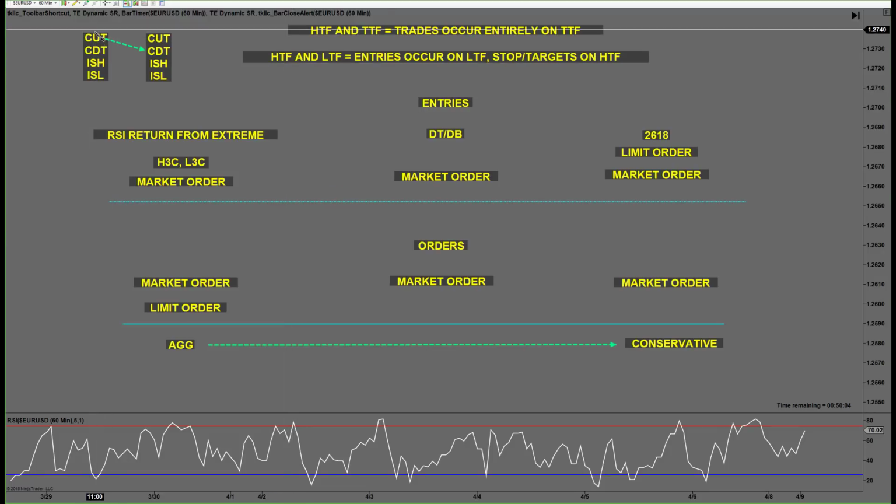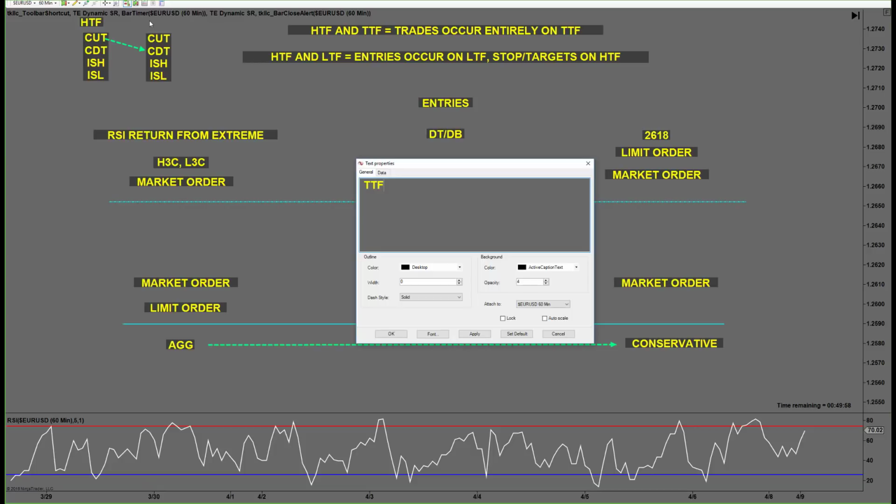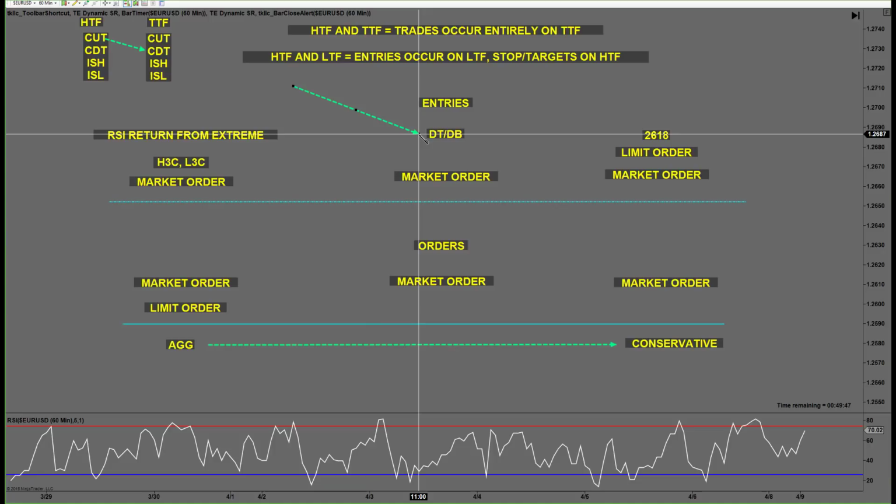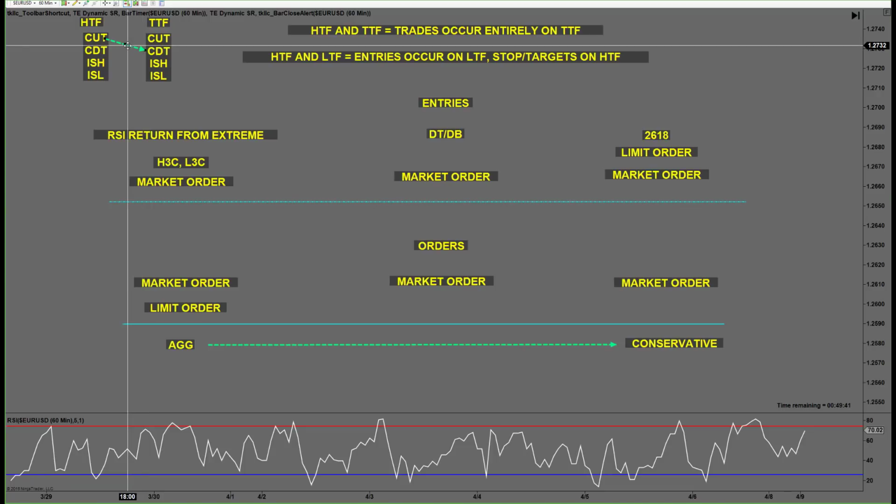I'm a trend continuation trader, so I'm going to go with the higher time frame chart first and foremost. So I'm going to want to go long there, but I'm going to downtrend on the lower time frame or trading time frame. Maybe then I'm a double top, double bottom trader for entries. Confirmed uptrend, and let's go.